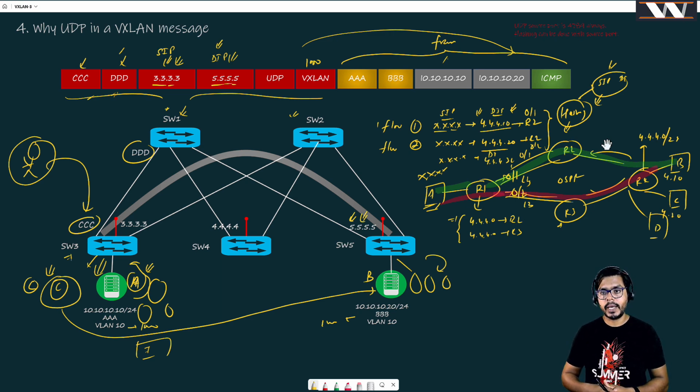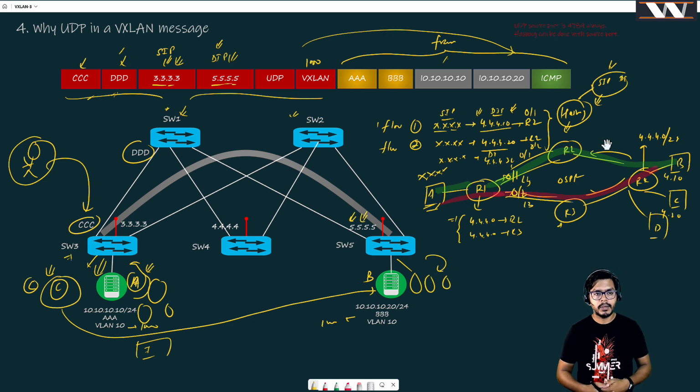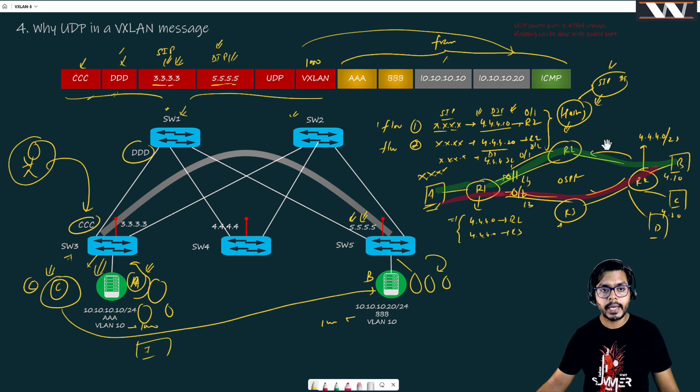You want to add something on the basis of which you can decide where the message from host C and host A goes. If that is not done, then basically one port is always going to be taken, because source IP and destination IP are going to be the same.